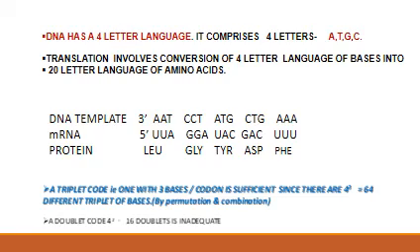The DNA has a 4-letter language. The 4-letter language comprises the bases A, T, G and C, that is adenine, thymine, guanine and cytosine. Translation involves the conversion of this 4-letter language of bases into the 20-letter language of amino acids.